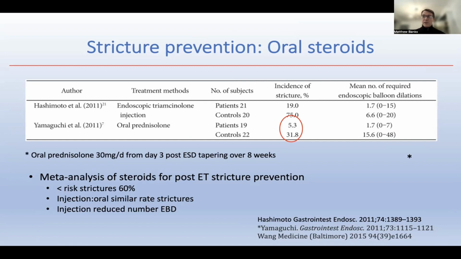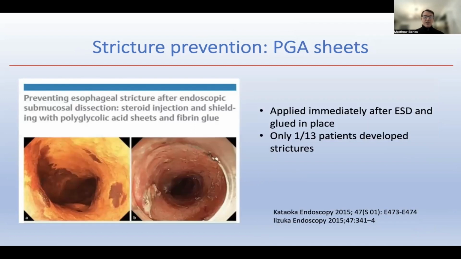And the mean number of balloon dilatations also reduced significantly from 15 to 2, not just under 2. A more recent meta-analysis with both injected and oral steroids showed overall there was a 60% reduction in stricture formation, and a slight superiority of injected steroids over the number of balloon dilatations.